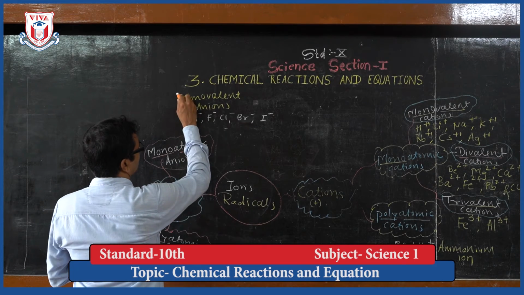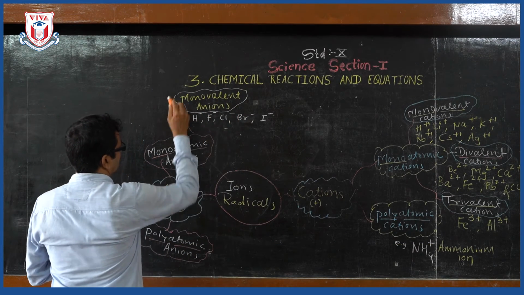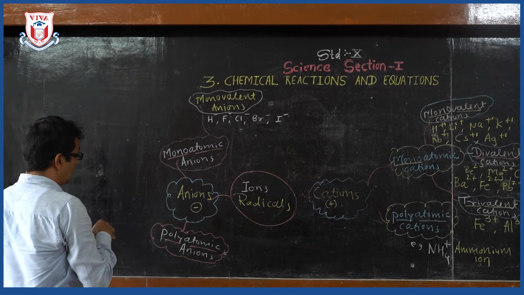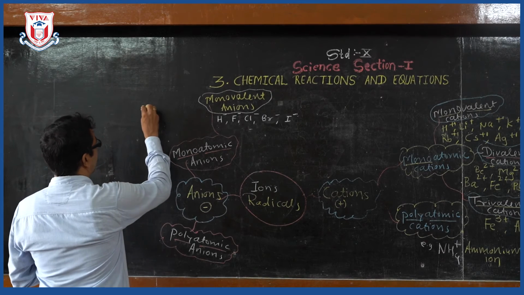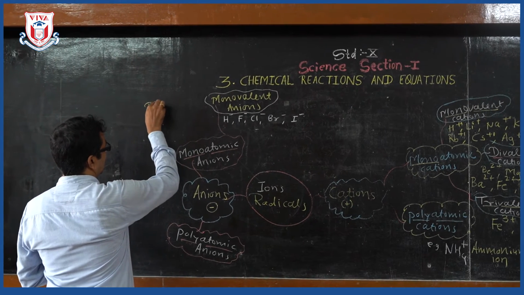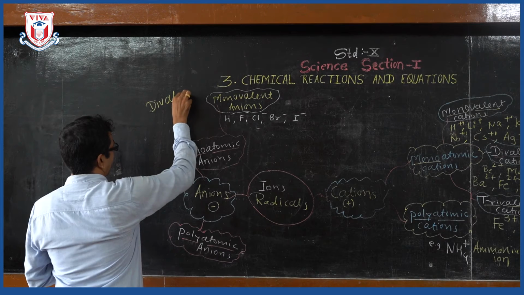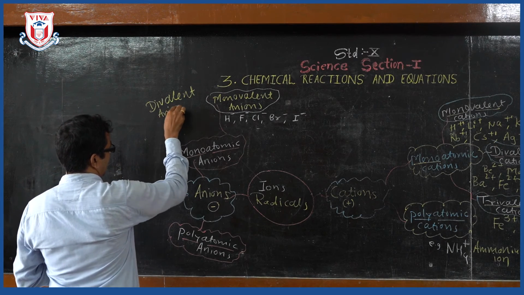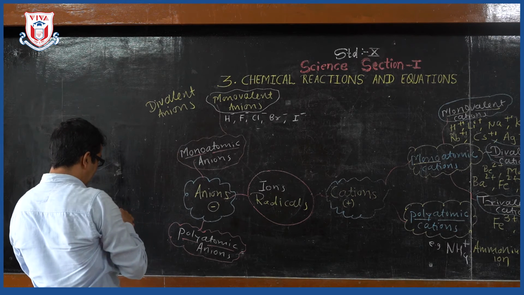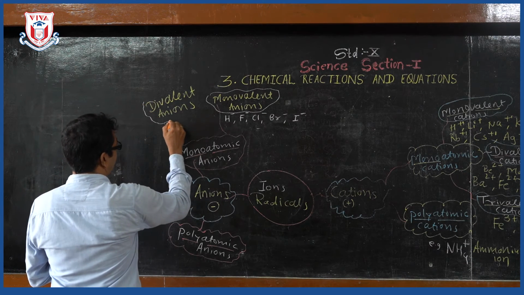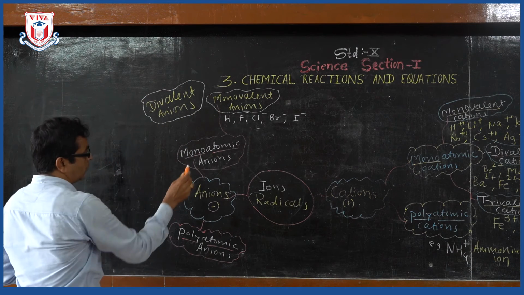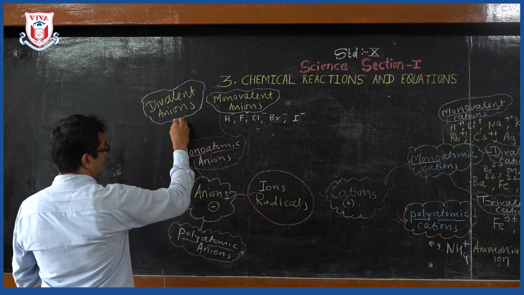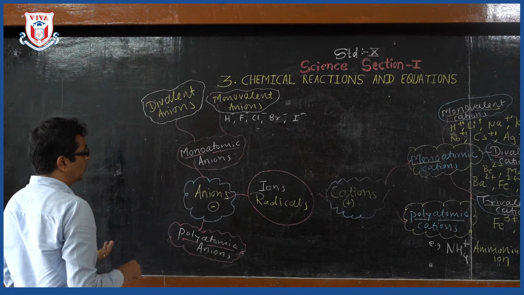Now the next type, that is the second type, is bivalent, or you can say divalent anions. In divalent anions, the atom will be monoatomic, so the atom will be 1, but its valency will be 2.